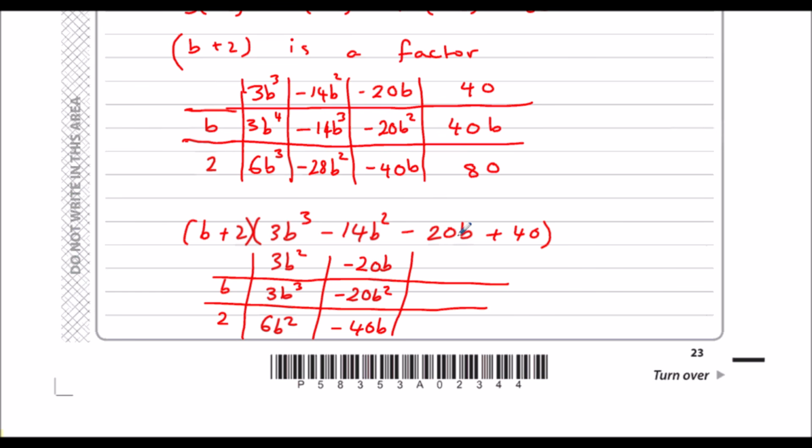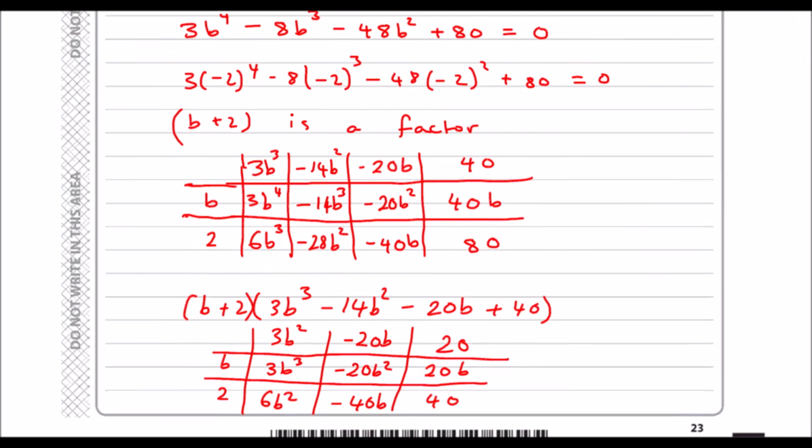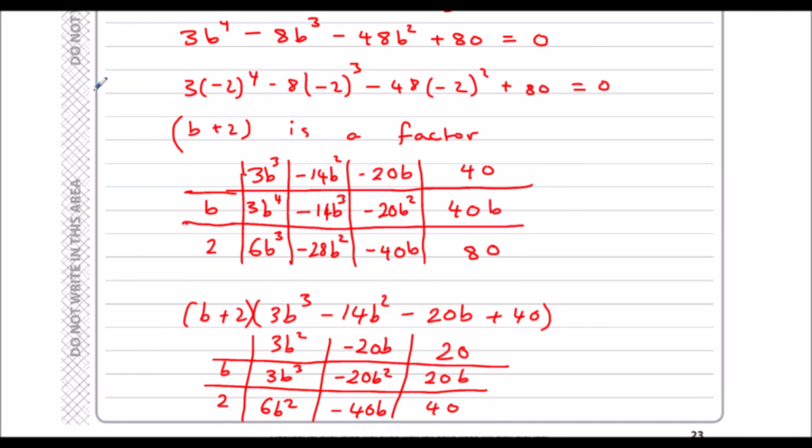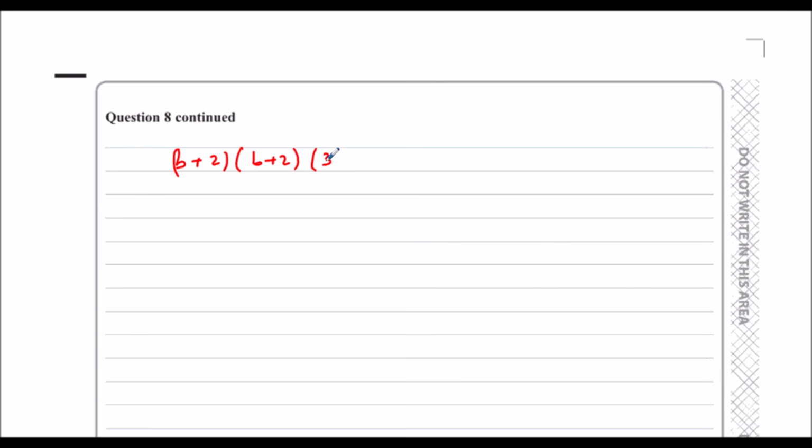We want negative 20b, so we want to add on 20b. B times 20 is 20b, and 2 20s make the 40. So now we've factorized it, and we have b plus 2 times b plus 2 times 3b squared minus 20b plus 20. So that's b plus 2 squared times 3b squared minus 20b plus 20.